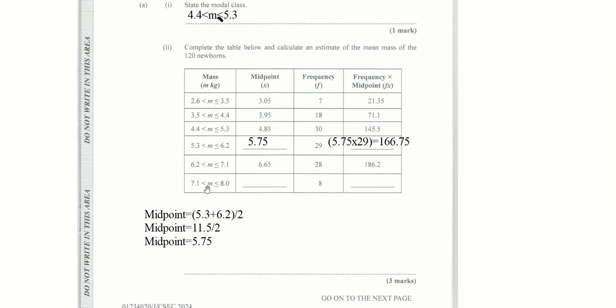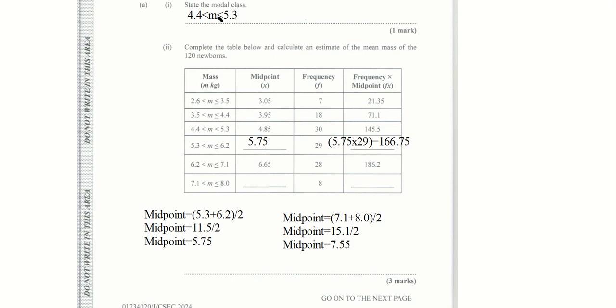Then for this one here, when they ask you for the midpoint, same thing like this. The midpoint would be 7.1 plus 8.0 divided by 2. 7.1 plus 8 is 15.1, divided by 2 is equal to 7.55.